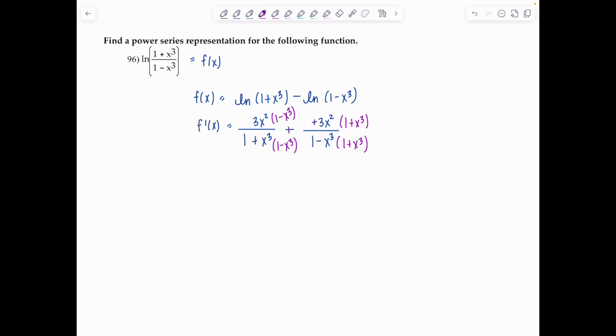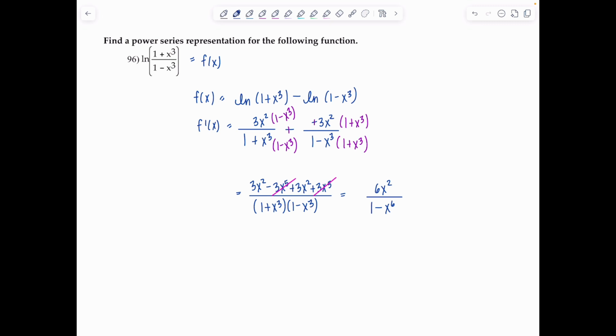So now I have 1 plus x cubed times 1 minus x cubed, and then we have 3x squared minus 3x to the 5th plus 3x squared plus 3x to the 5th. The 3x to the 5th cancels out. So we've got 6x squared over, notice the denominator becomes 1 minus x to the 6th.